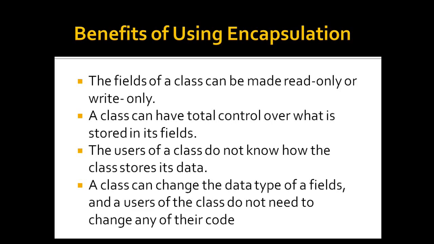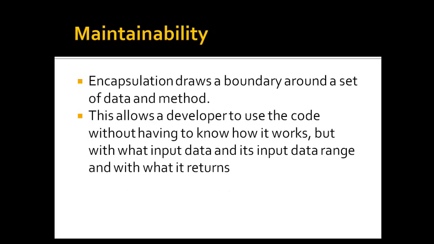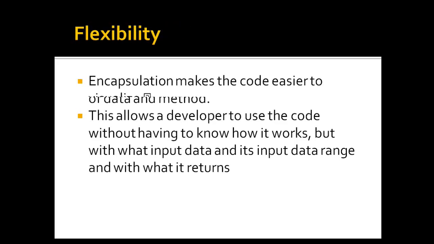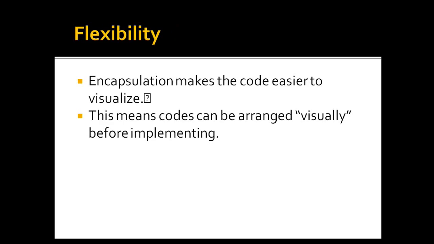So the first point is, what is maintainability? Encapsulation draws a boundary around a set of data and methods. This allows a developer to use the code without having to know how it works, but with that input data, its input data range, and what it returns.